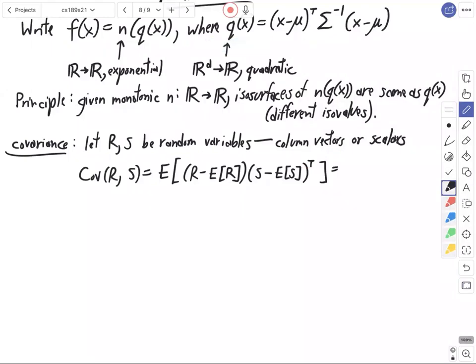And so another way to write this covariance is that it's the expected value of this outer product matrix, R S transpose, minus the mean of random variable R times the mean of random variable S transpose. Now that we've defined the covariance, the variance is a special case of the covariance.